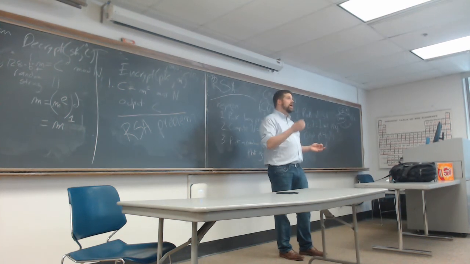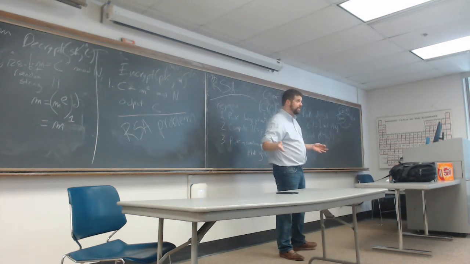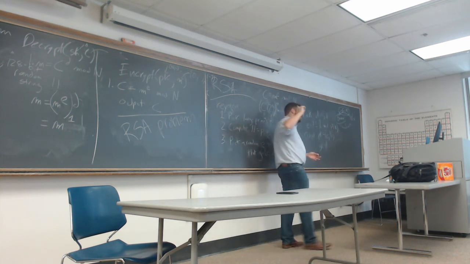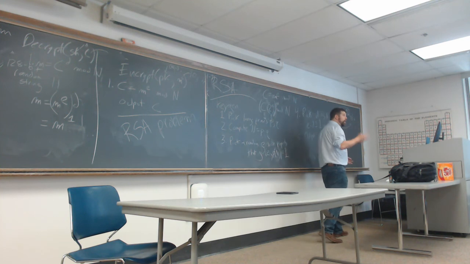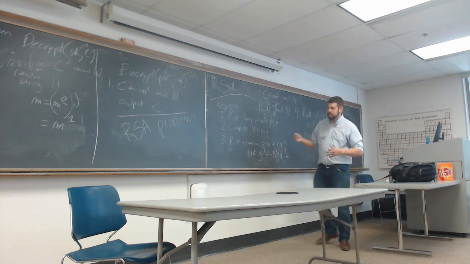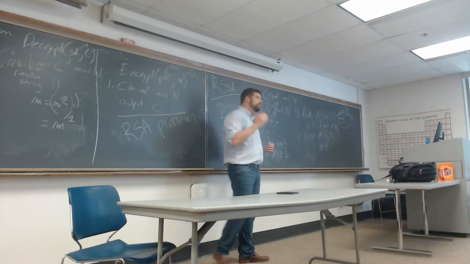Raising things to a huge power is relatively slow. In fact, the cost of doing an exponentiation is basically linear in the number of 1s in the integer that you're exponentiating by. How many 1s are in the number 3 in binary? 2. So it's a very, very fast algorithm. Great. So 3 is very common, but 3 has some limitations.